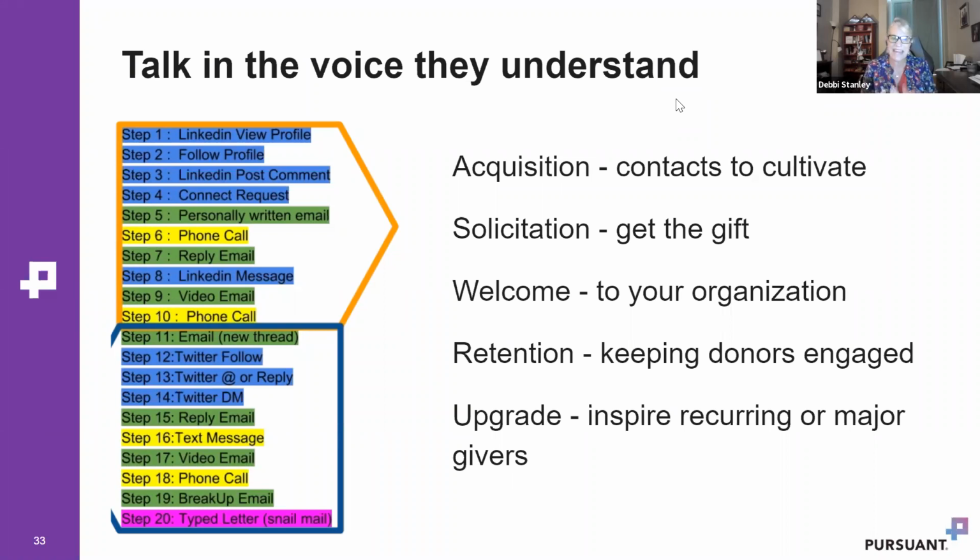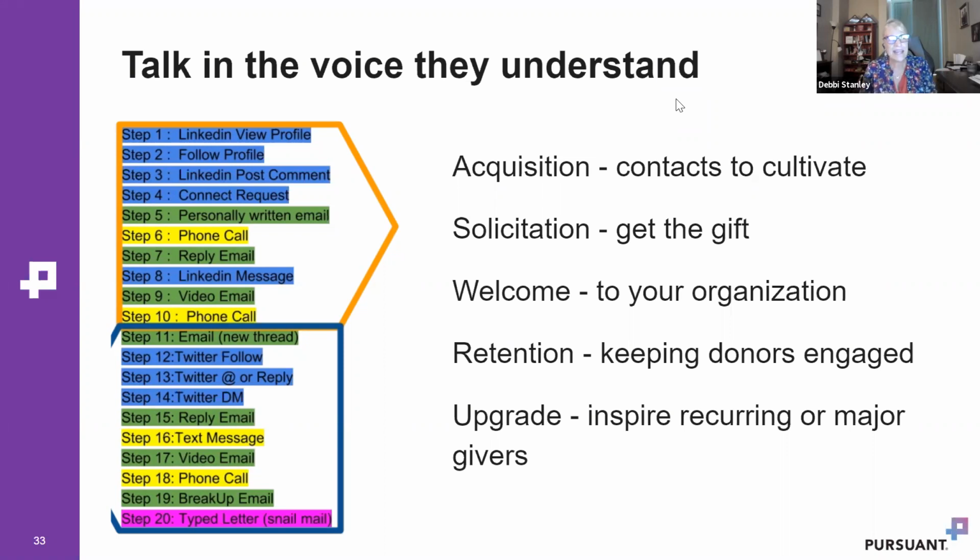Create this type of cadence. If you see this, it really has some interesting, out of the ordinary suggestions: a LinkedIn post, a snail mail. There's a breakup email, which I'm going to get into in just a second.